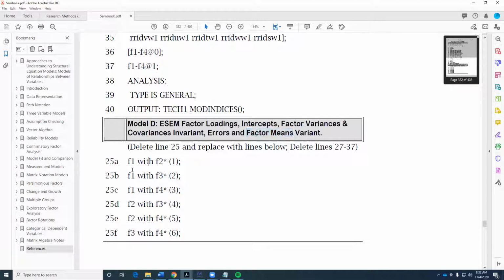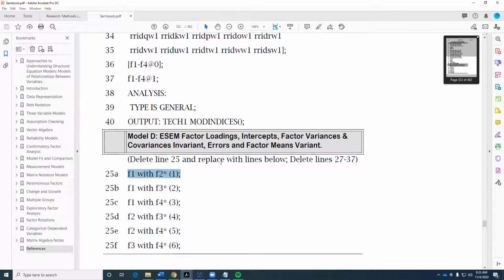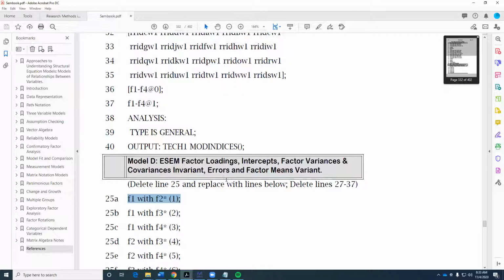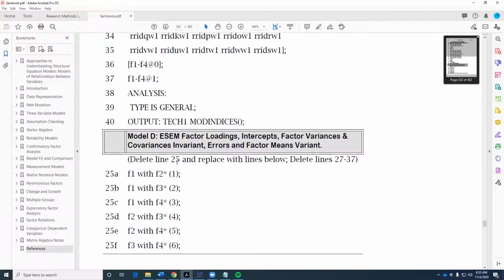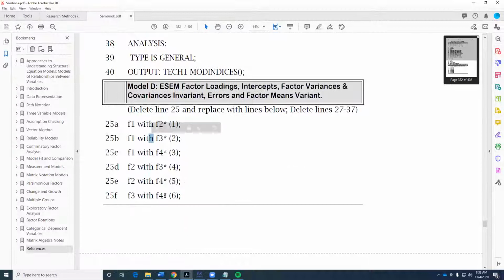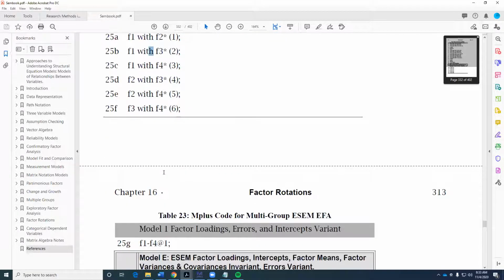Well, to set the covariances between factor 1 and factor 2 to be the same, you come back upstairs and you replace line 25 with this code. And that's going to go in and change all the covariances.